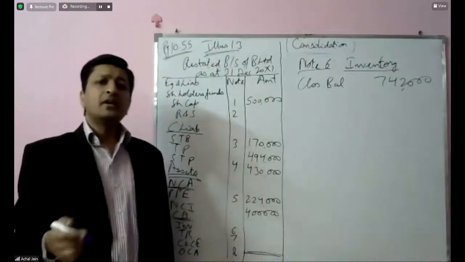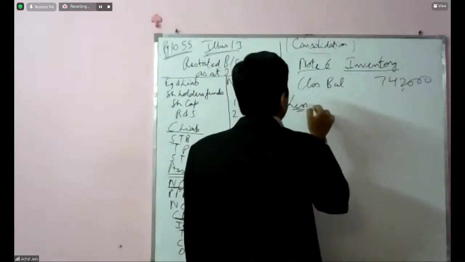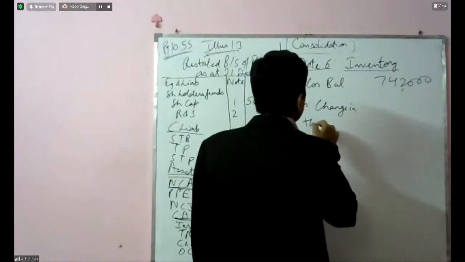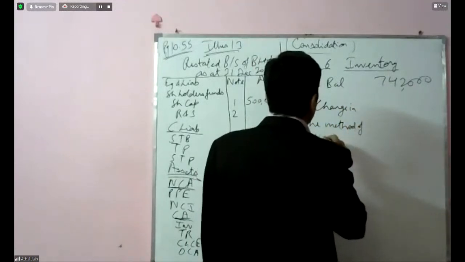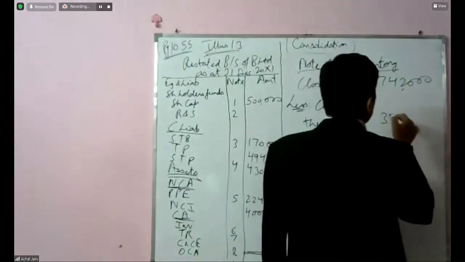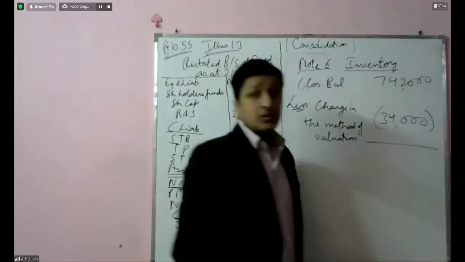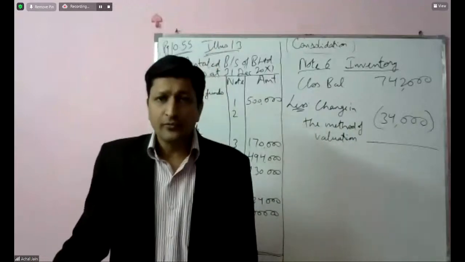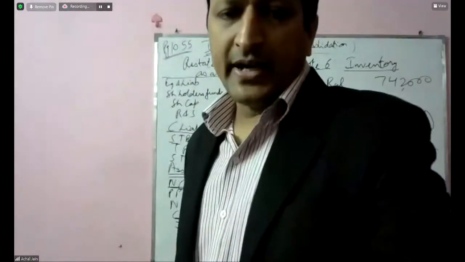Why? For alignment of accounting policy. Less: change in the method of valuation. 34,000 is the amount which needs to be reduced from the value of inventory. So this becomes 7,08,000.